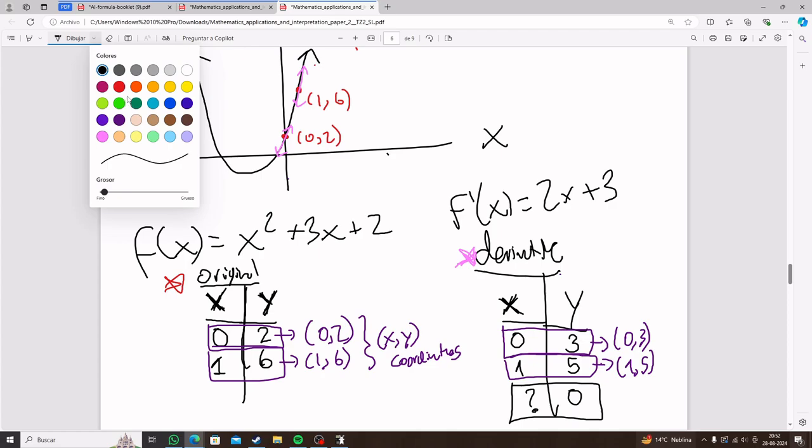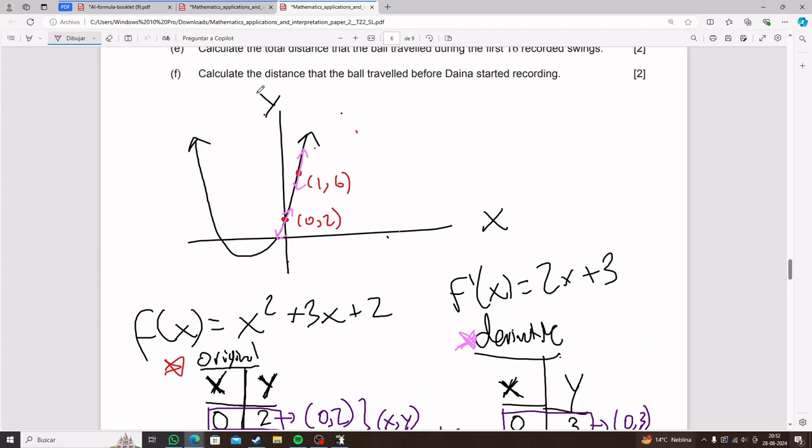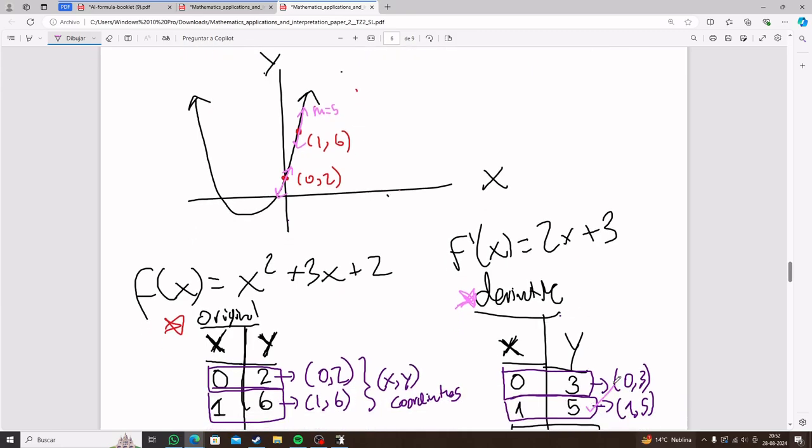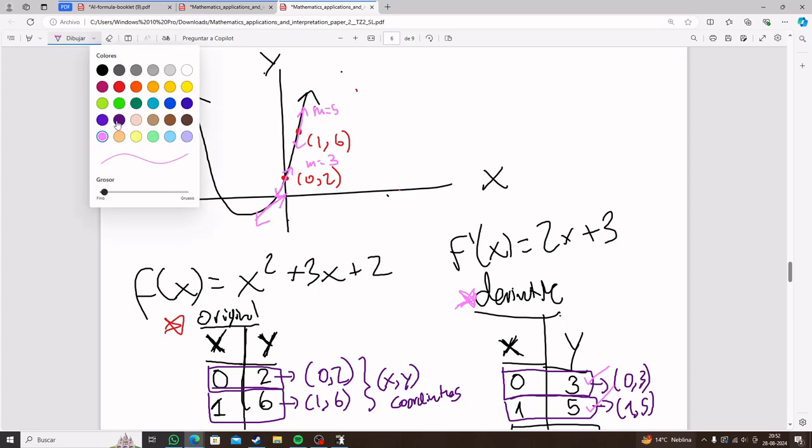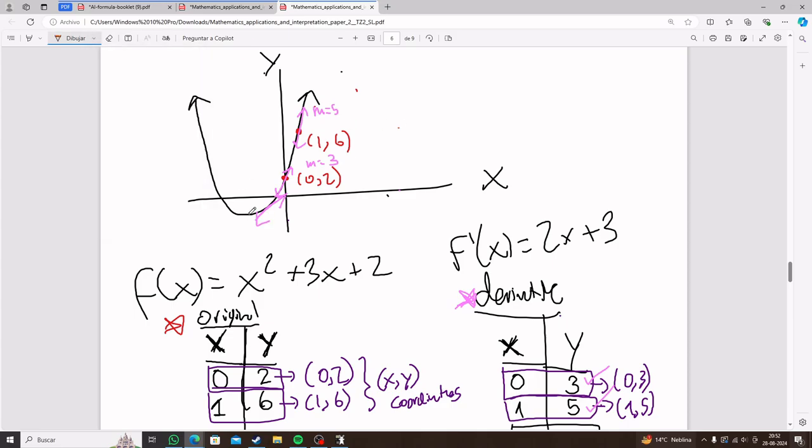So if your slope is 0, where is your slope 0 in a parabola? Over here, you have a slope of 5, because you discovered it there. Over here, you have a slope of 3, because you discovered it there. And if you keep going, here is like a slope of 1. And here, ladies and gentlemen, there is your slope of 0.